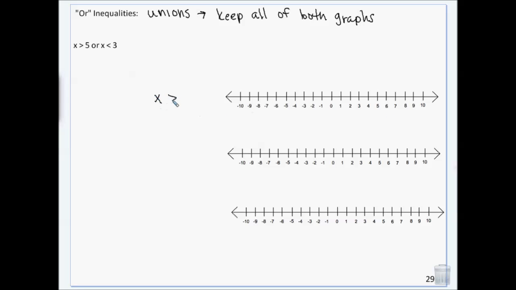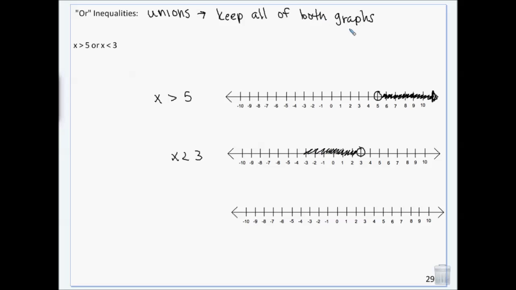Okay, if I have x is greater than 5, 5 is here, and greater is all of this over this way, forever in perpetuality. And if I have x is less than 3, 3 is over here, and less than is everything this way.